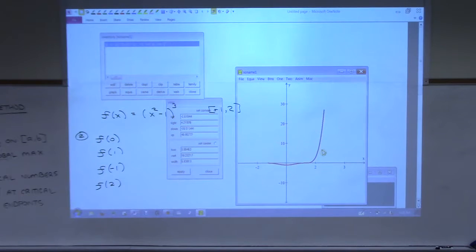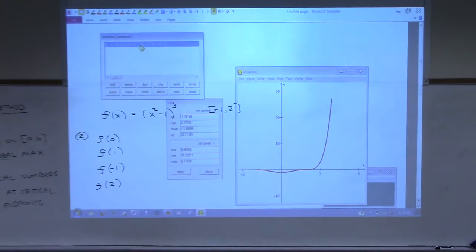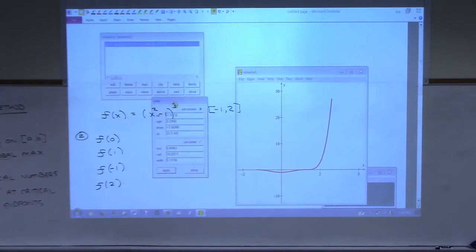Something doesn't look right there. Trying to figure out why it graphed past 2 there. No, that's just my viewing window. Let me apply this. Maybe that's causing a problem.